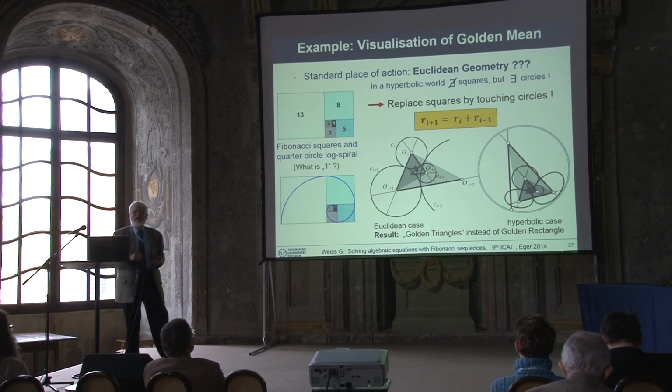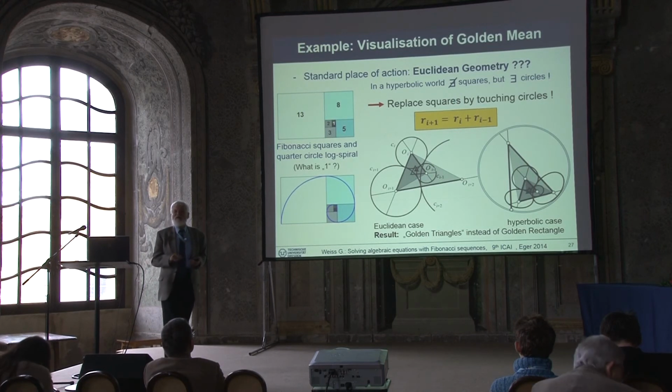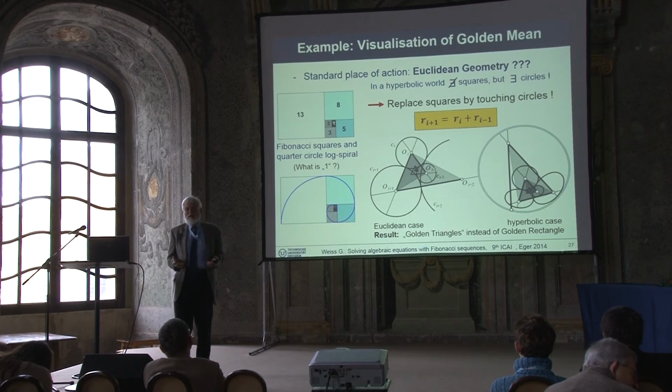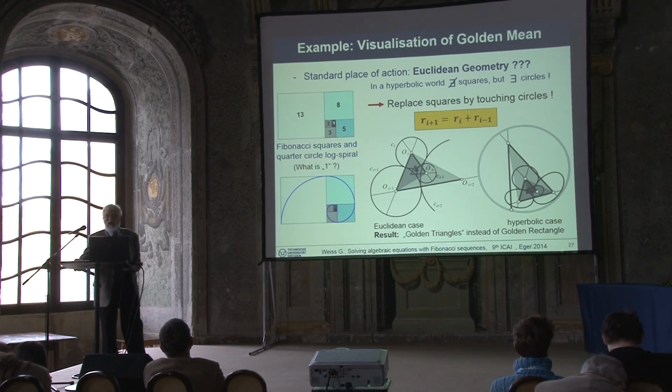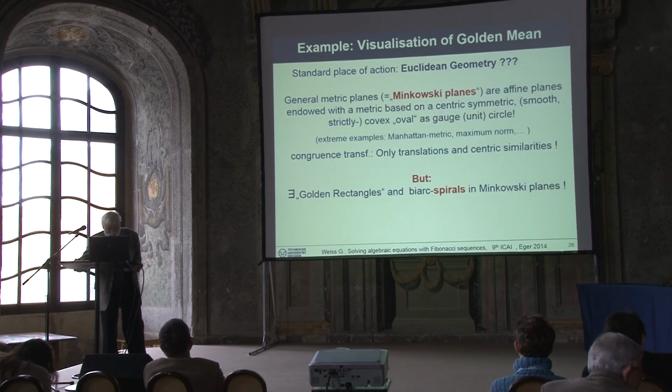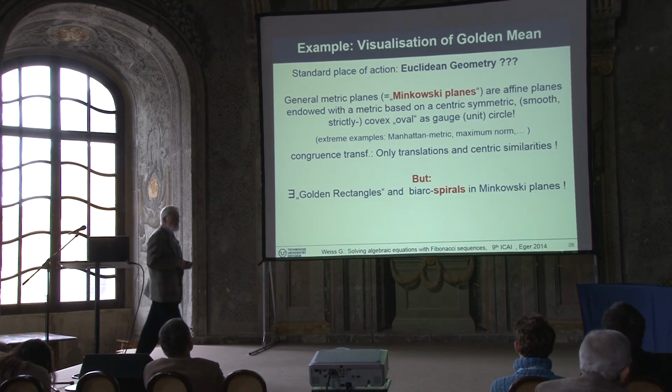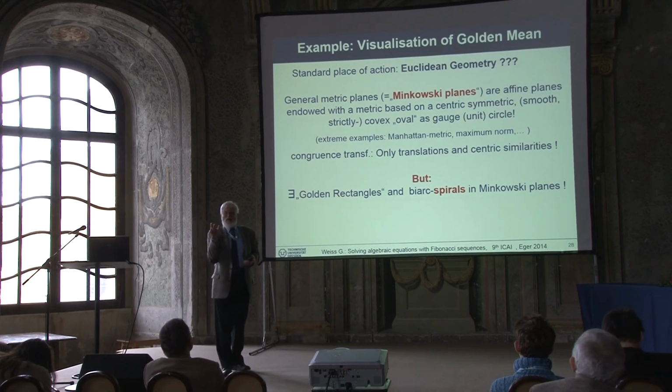So this visualization would be much better, and it would deliver a new thing, a golden triangle, whatever this is, as a limit figure.